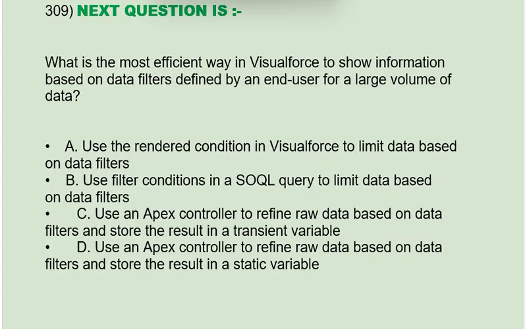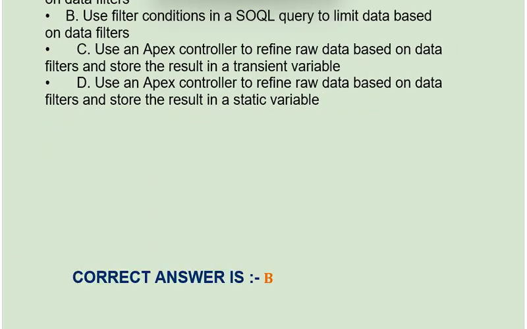Option C, use an Apex controller to refine raw data based on data filters and store the results in a transient variable. Option D, use an Apex controller to refine raw data based on data filters and store the result in a static variable. Correct answer is option B.